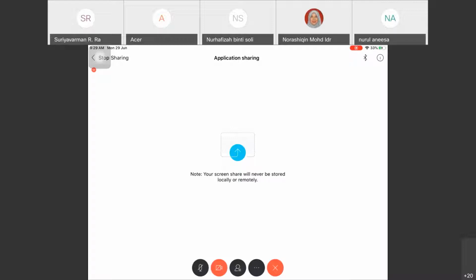Dapat separuh tak apa. Nurul, tulis sikit.